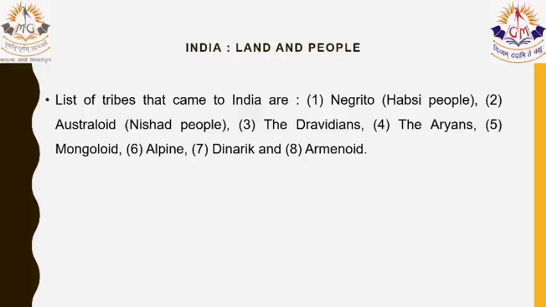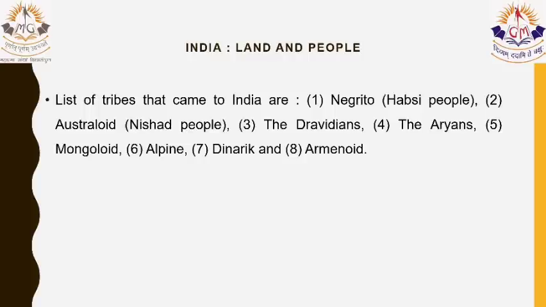List of tribes that came to India are: first tribe that came to India is the Negrito tribe, that is the Habsi people. The second tribe that was found to come to India are the Astroloid people or the Nishad people, then the Dravidians themselves.